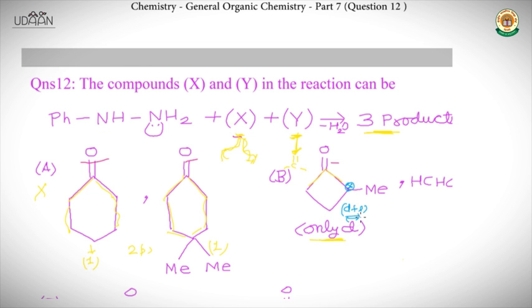If this compound is unsymmetric about this double bond, it will react like this with PhNH2 and the double bond, like Me will be above or Me will be below. So there will be two different products, product number 1, product number 2. So if this form is D form, it is also in D plus L, and actually we will get 4 products.